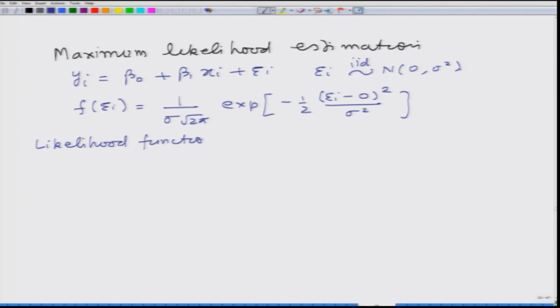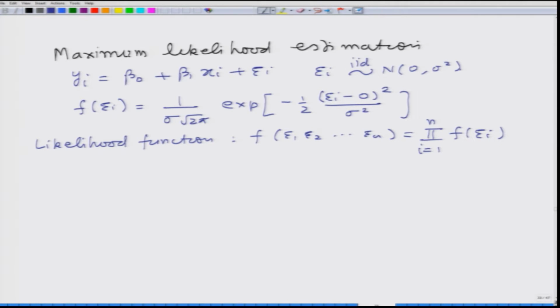Now, when I try to write down the likelihood function, it is given by f of epsilon 1, epsilon 2, up to epsilon n. This is the joint probability density function of epsilon 1, epsilon 2 up to epsilon n. Since we have assumed that all epsilon i's are independent, I can write this joint probability density function as a product, i goes from 1 to n, of f of epsilon i.